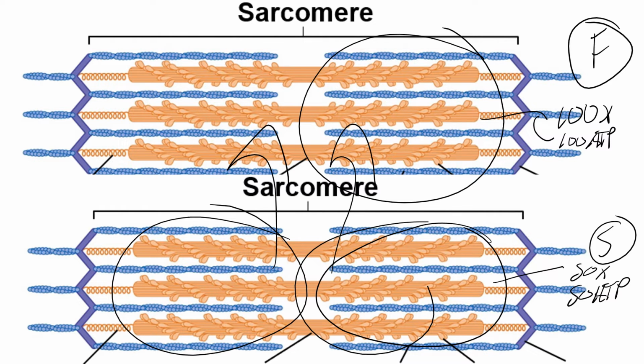So there's a big overarching point to make here, and that is fast twitch muscle fibers shorten way faster than slow twitch muscle fibers do, right? It deals with the myosin head cycling frequency. But additionally, fast twitch muscle fibers consume way more ATP than slow twitch muscle fibers do, right?